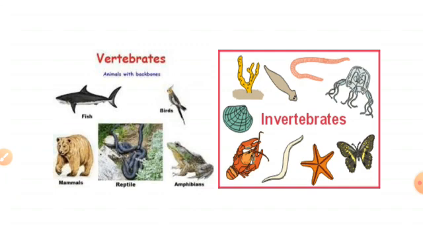Now, the animals can be divided into two groups based on the presence and absence of backbone: vertebrates and invertebrates. Animals that have a backbone are called vertebrate animals, and the animals which do not have a backbone are called invertebrate animals. Animals with no backbone are insects, crabs, snails, octopus, etc. Animals with a backbone can further be divided into groups like fish, birds, mammals, reptiles and amphibians.